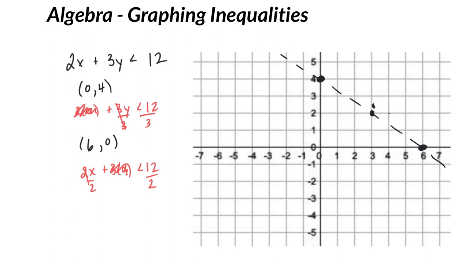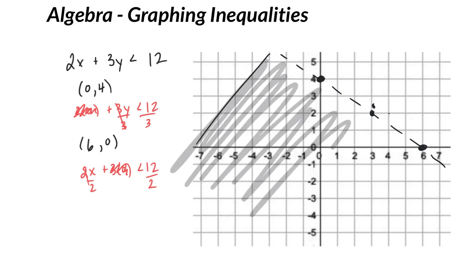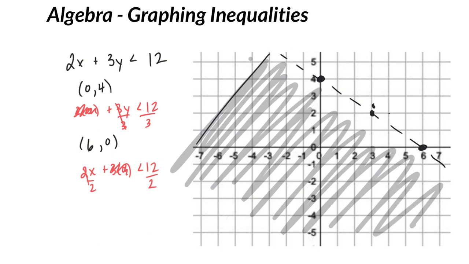Now, the inequality says less than. So I'm going to shade on the side that I feel is a less than, which would be below. Down here. And then again, I want to check a point, okay?